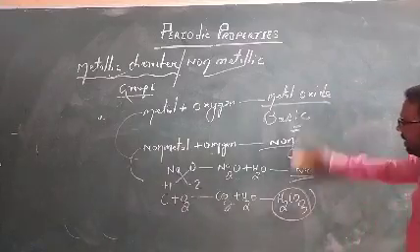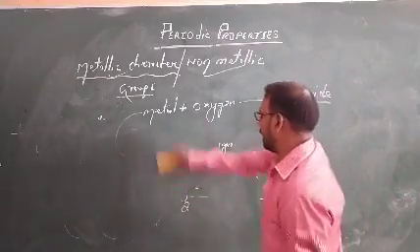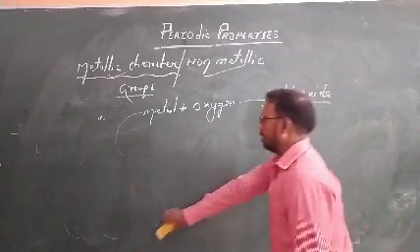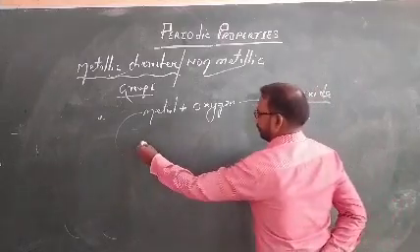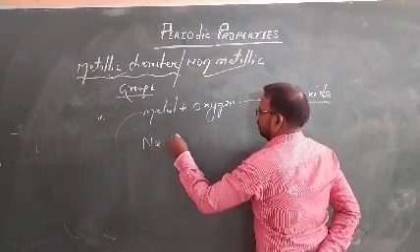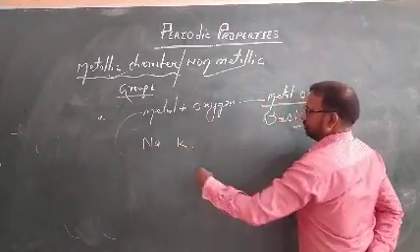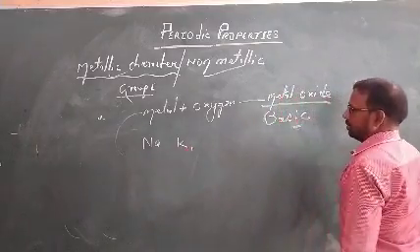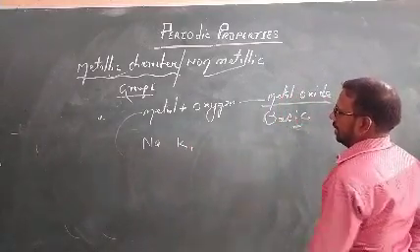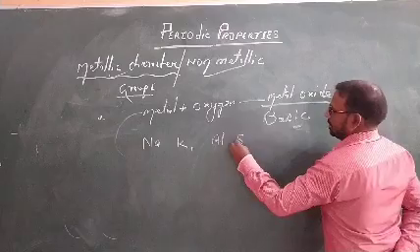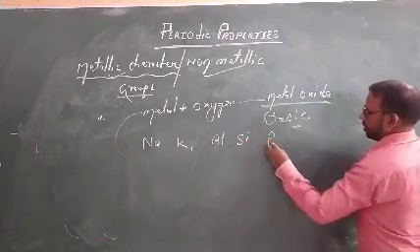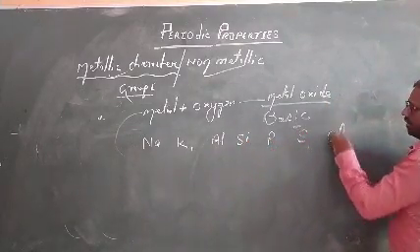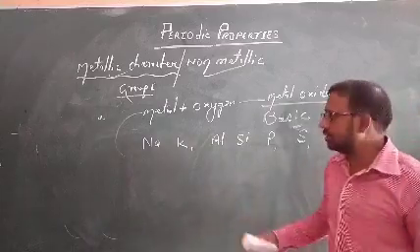Now I am going to give one example. You can see sodium, potassium, aluminum, silicon, phosphorus, sulfur, chlorine, and argon. We will not talk about argon.